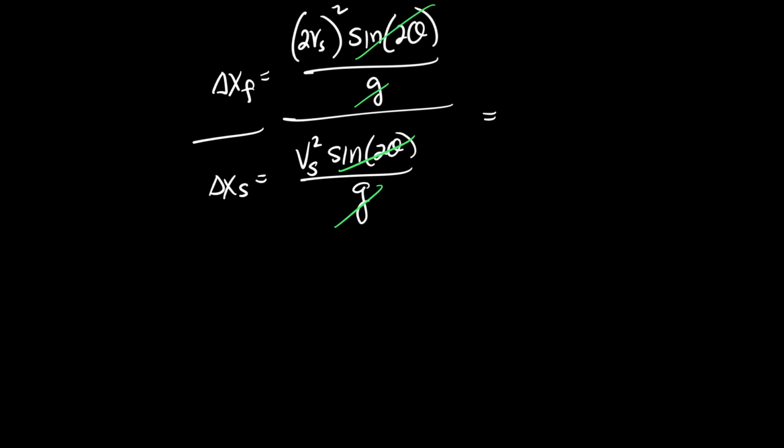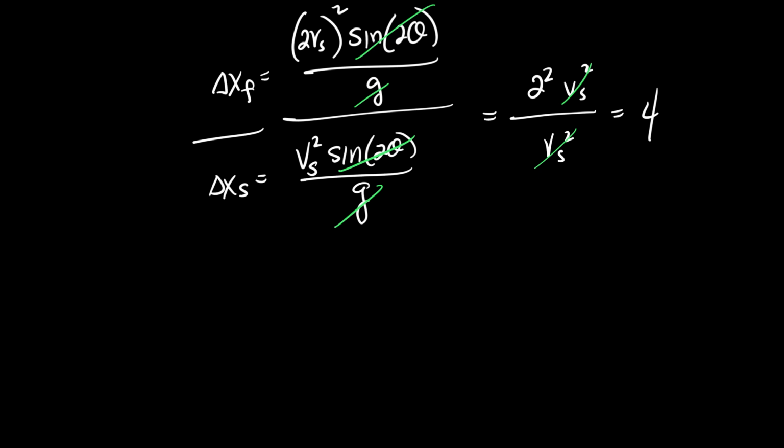It appears I'm left with 2 squared v slow squared divided by v slow squared. Looks like the v slow is going to cancel out too. And I'm left with just 2 squared, or 4. So it looks like the faster ball will go 4 times further than the slower ball.